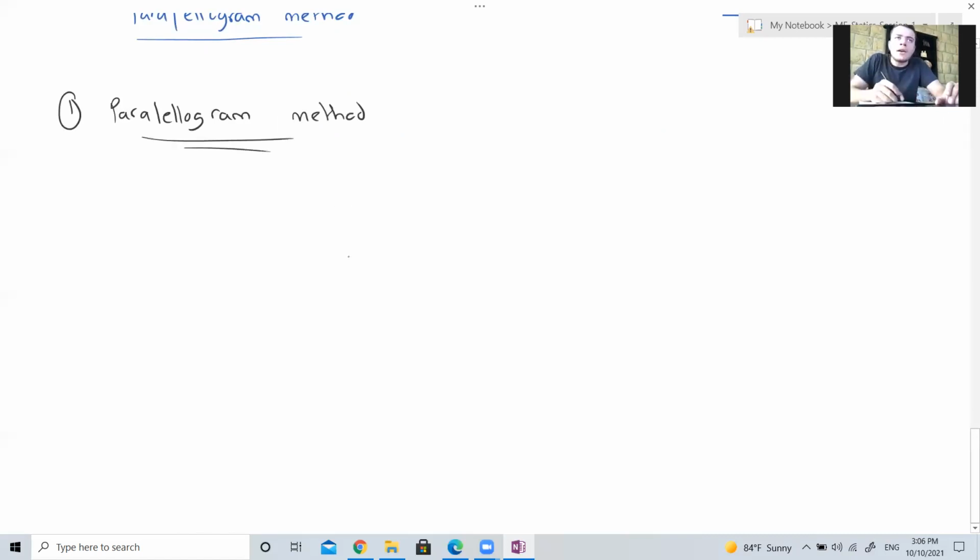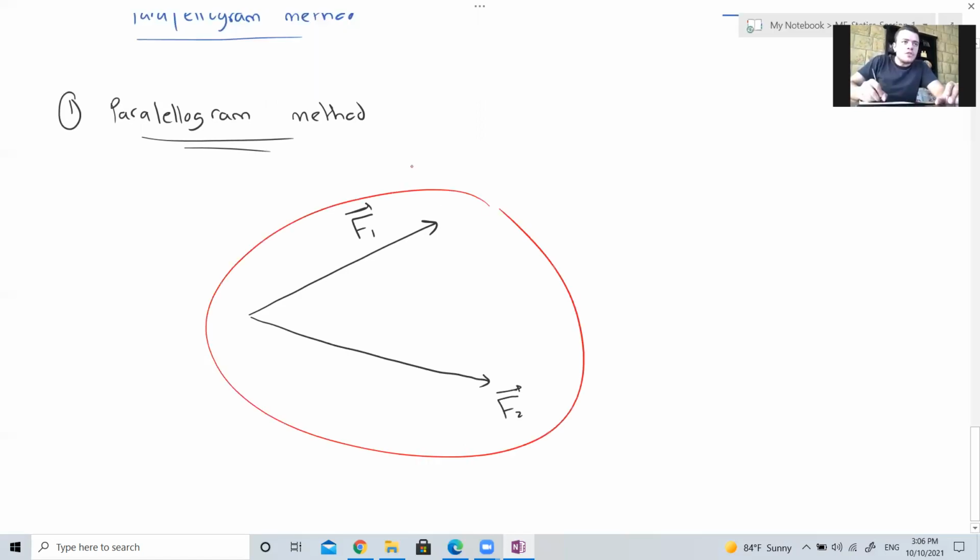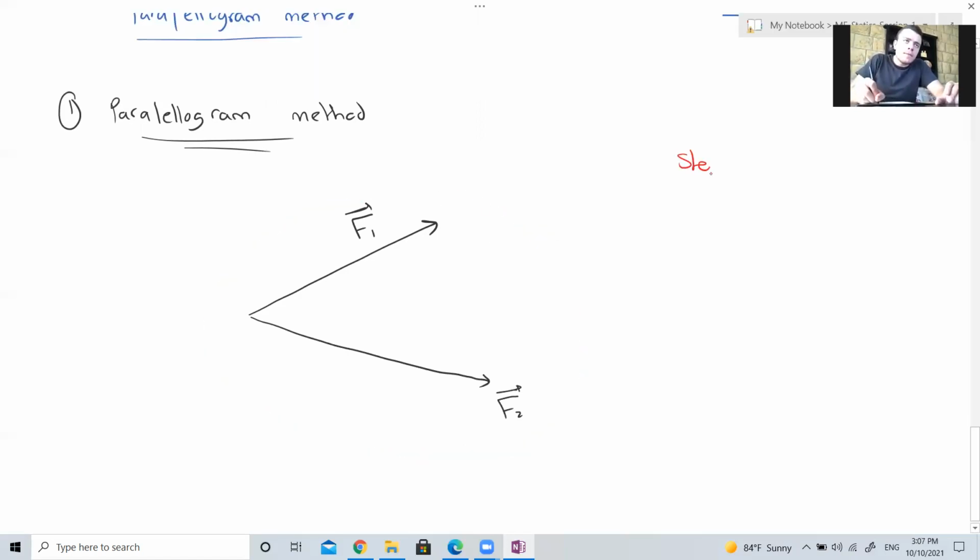If you have two forces like this, F1 and F2, to find the resultant of these two, step 1 is to draw two lines or two vectors parallel to F1 and F2 so that you form a parallelogram.